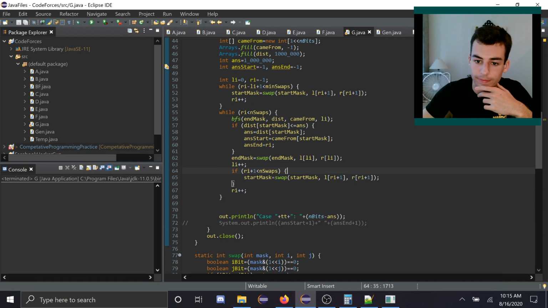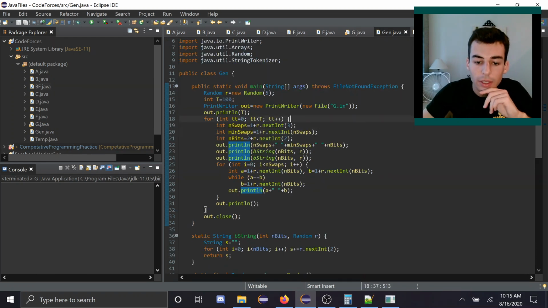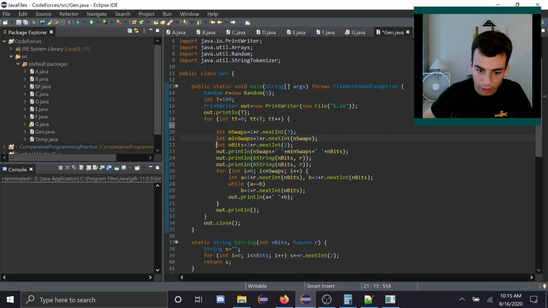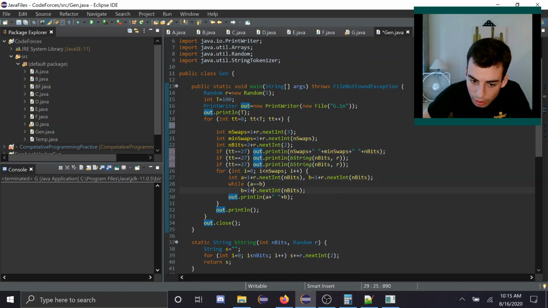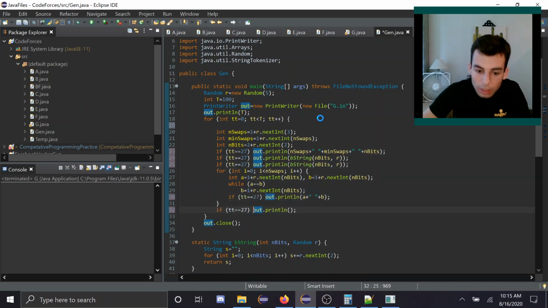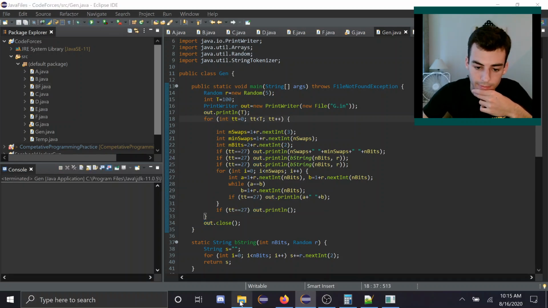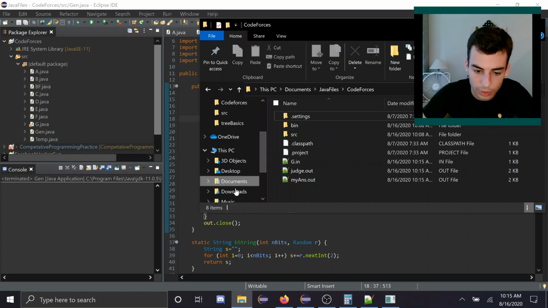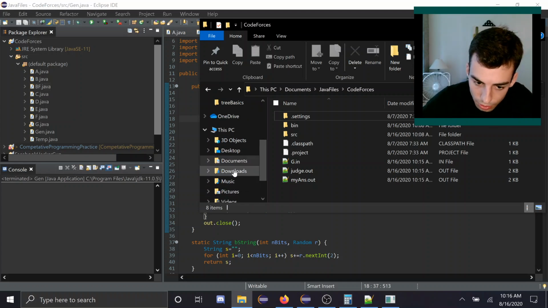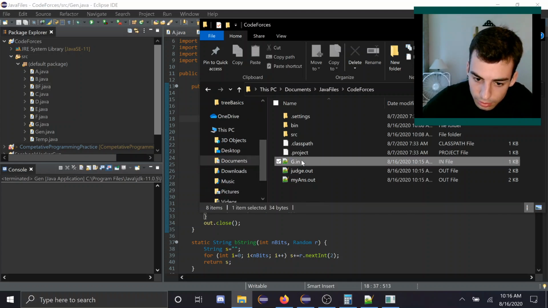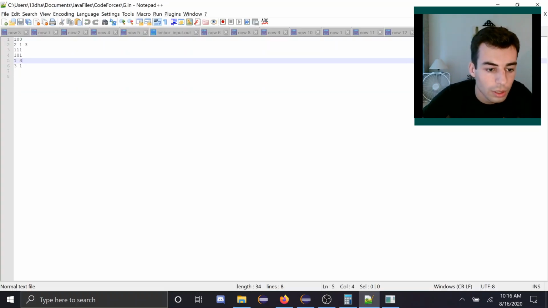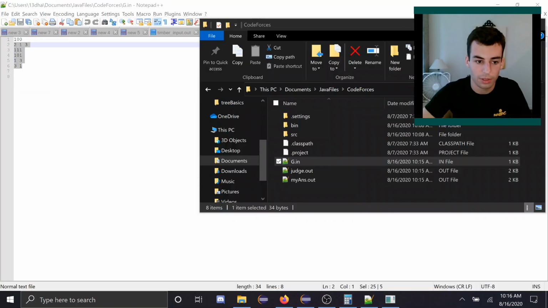Case 27. If PT equals 27, so here's the one case that matters.